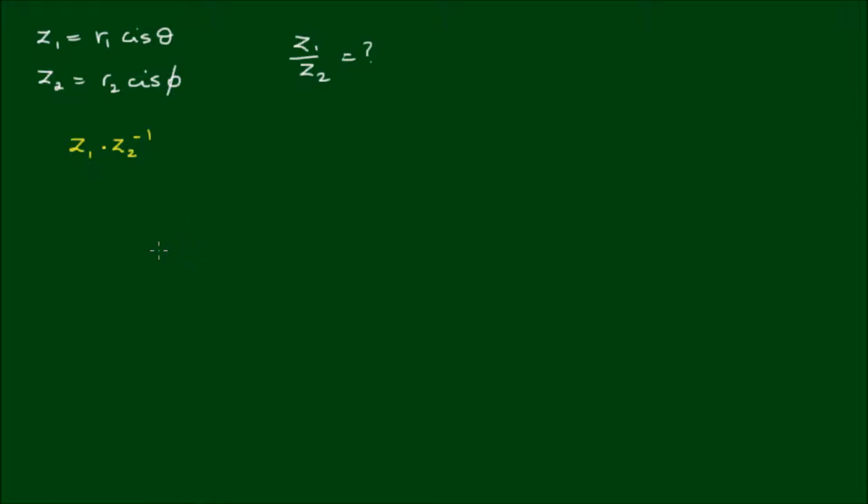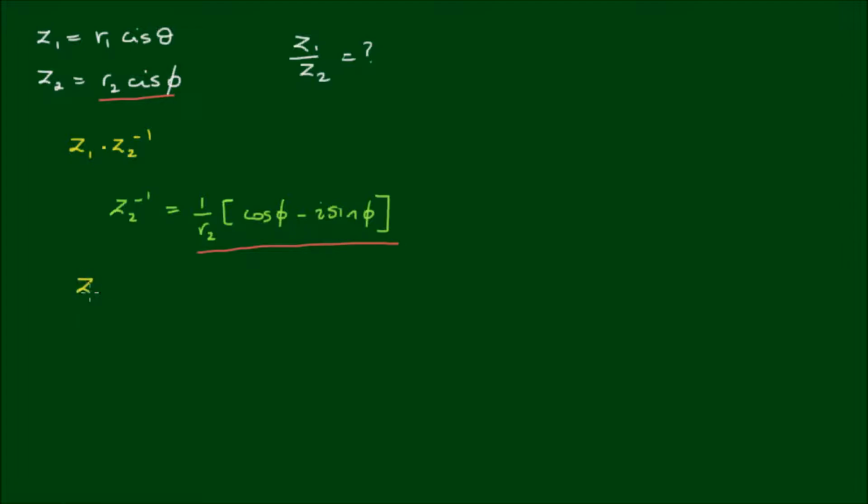Now, in my last video we found that the inverse of z2 can be expressed as 1 on r2 outside of cos phi minus i sine phi. So here is our divisor z2, and here is the inverse of z2.